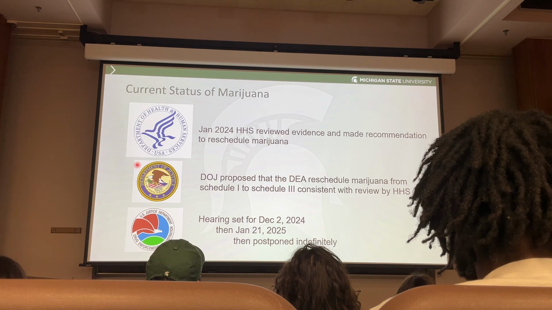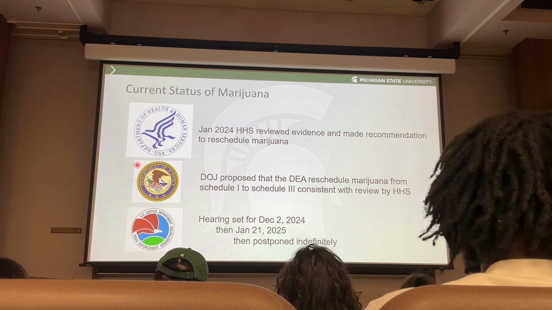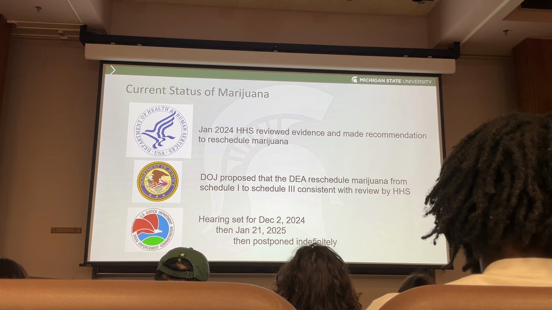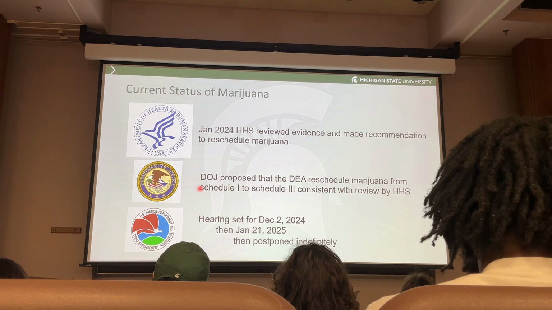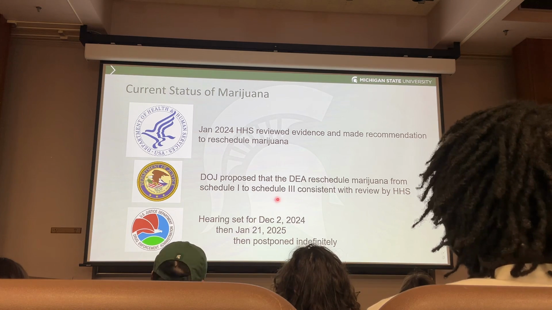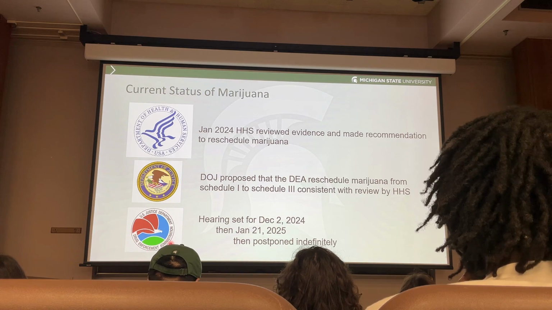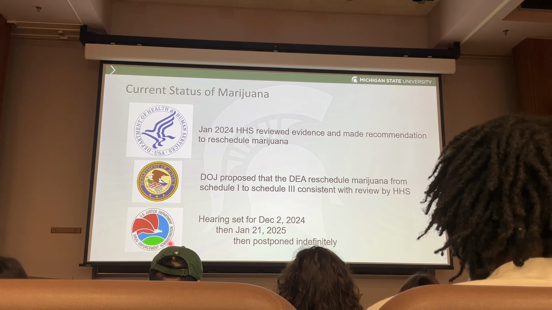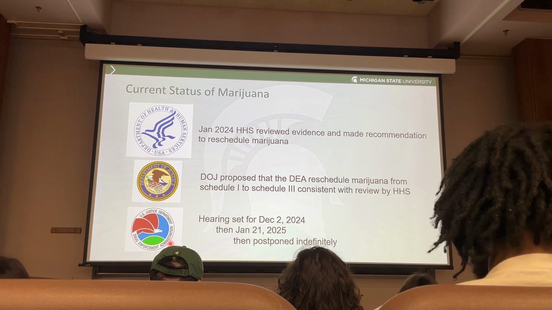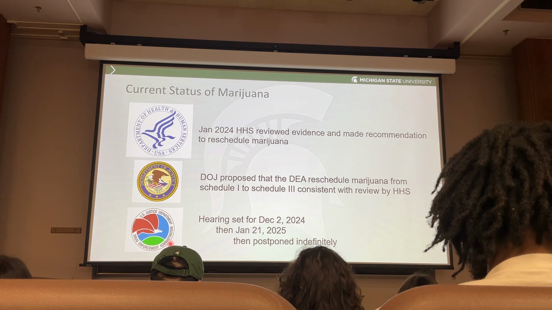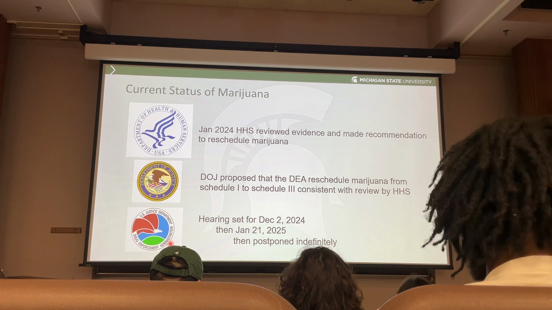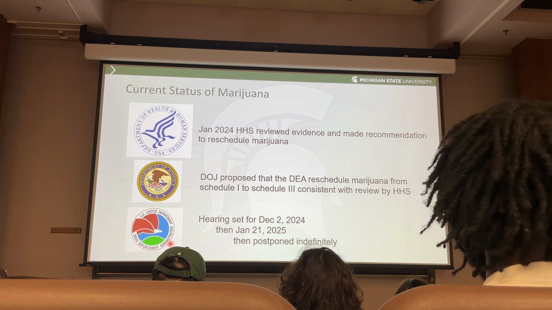And the DOJ actually said, yeah, you're right. Let's talk to someone about changing from Schedule 1 to Schedule 3. So the DOJ reached out to the DEA and they said, HHS and us are saying this, and the FDA's on board. The population's been on board for 2 or 3 generations, so let's have a meeting.